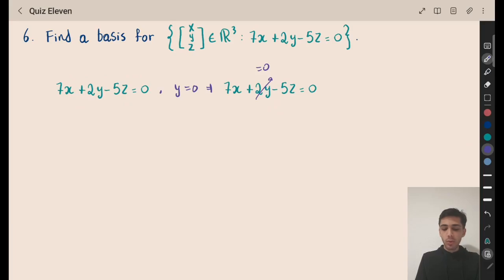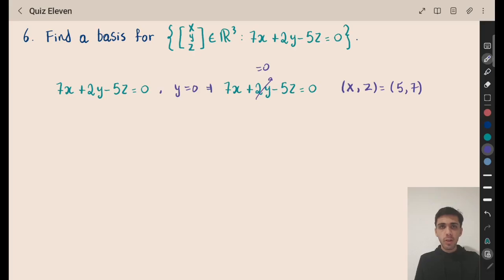Then what is a suitable choice for x and z? Well, there is an infinite class of things that should be suitable. But what's the first one that pops up? I think this is a minus, this is a plus. Then I should probably choose x to be 5 and z to be 7. Then I get 7 times 5 minus 5 times 7.